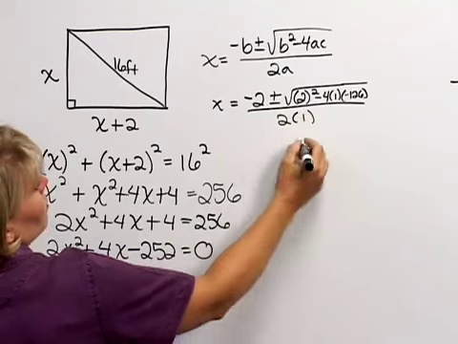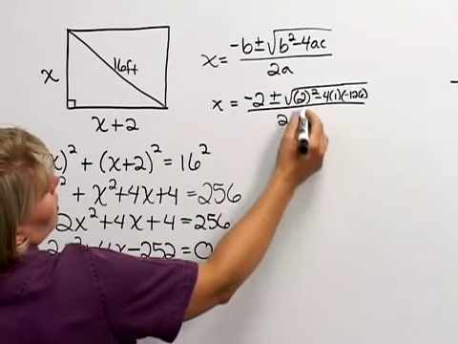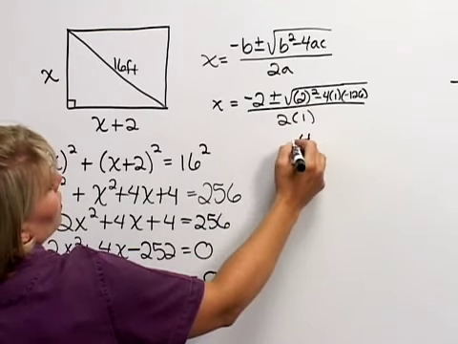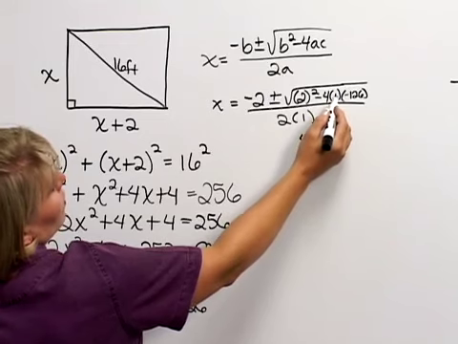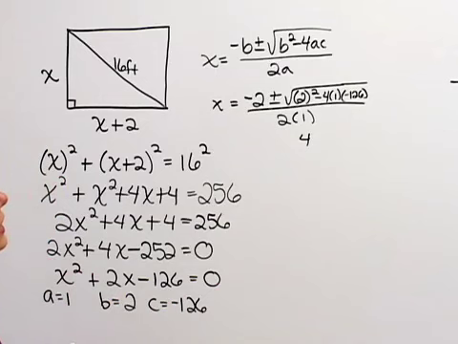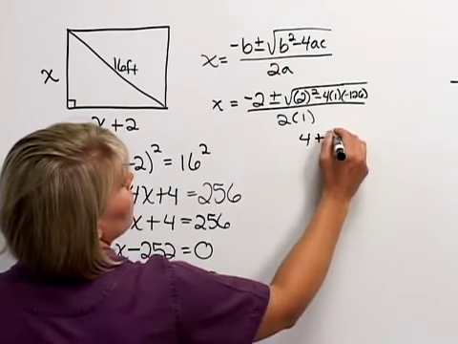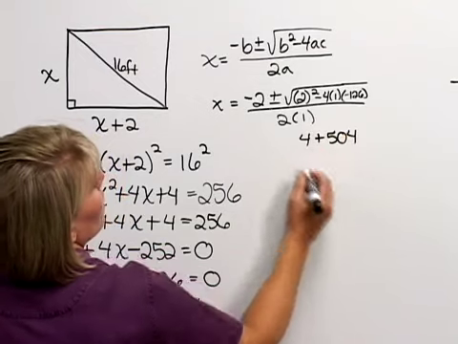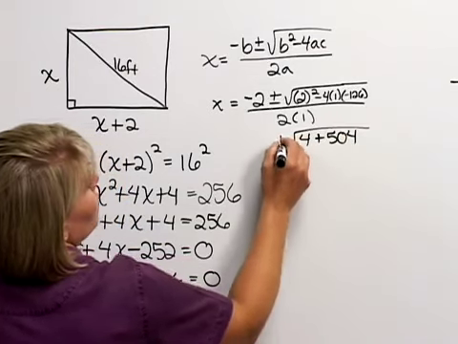Now we can start simplifying inside our square root. So 2 squared is 4, and negative 4 times 1 times negative 126 is 504. And we're going to square root that.